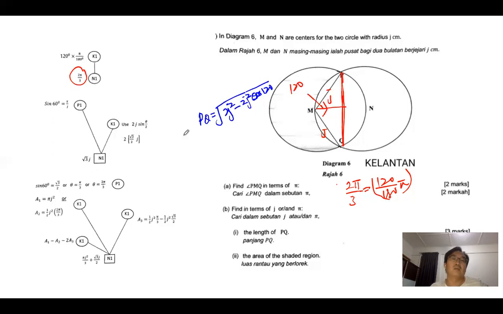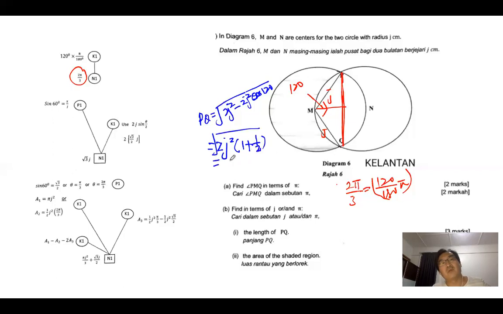Right, let's see correct or not. Okay, so it's 2j square, and then 1 minus cos 120 is plus cos 60. Cos 60 is half. Okay, half. So it's square root.